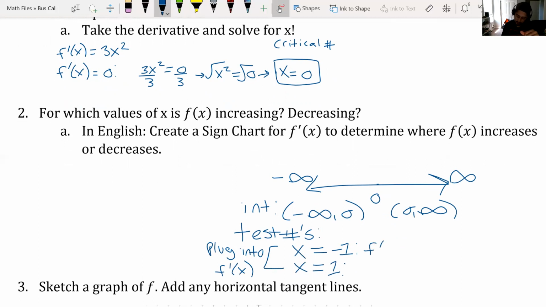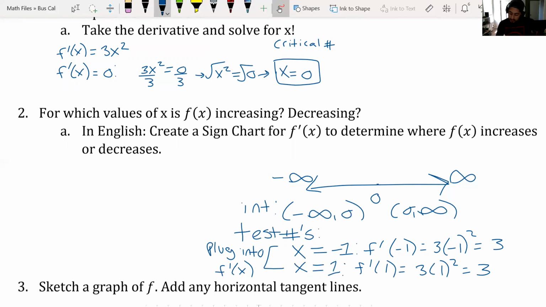So f prime of negative 1, f prime of 1, 3 times negative 1 squared, 3 times 1 squared gives me 3, gives me 3. Okay, so let's look at the first one, and you get a positive 3.